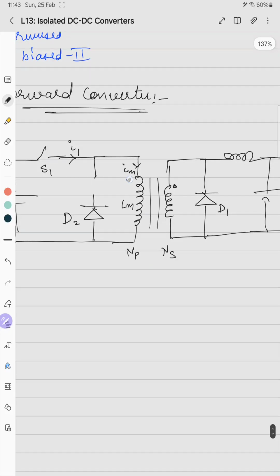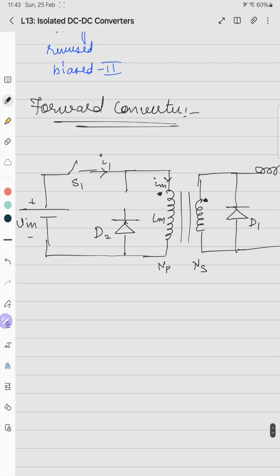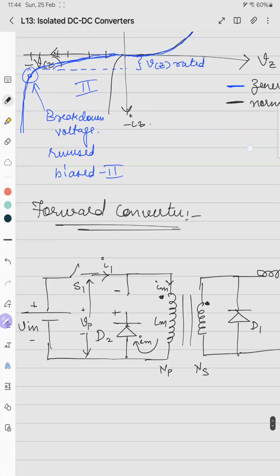As per our dot polarity, this is the dot and this is the dot. We want to show a negative voltage. So say this is Vp. This is the positive sense of Vp, this is the negative sense of Vp. So basically this should get the reverse voltage. This should be negative and this should be positive. Anyways, we are not concerned about the diode D2 because it will be force turned on by the current Im when the switch S1 is off. So how to draw the diode then?